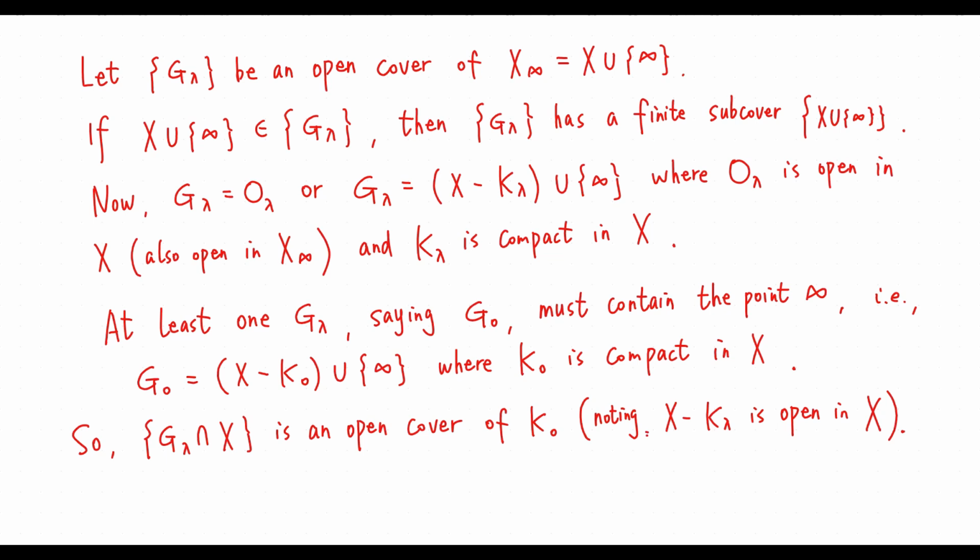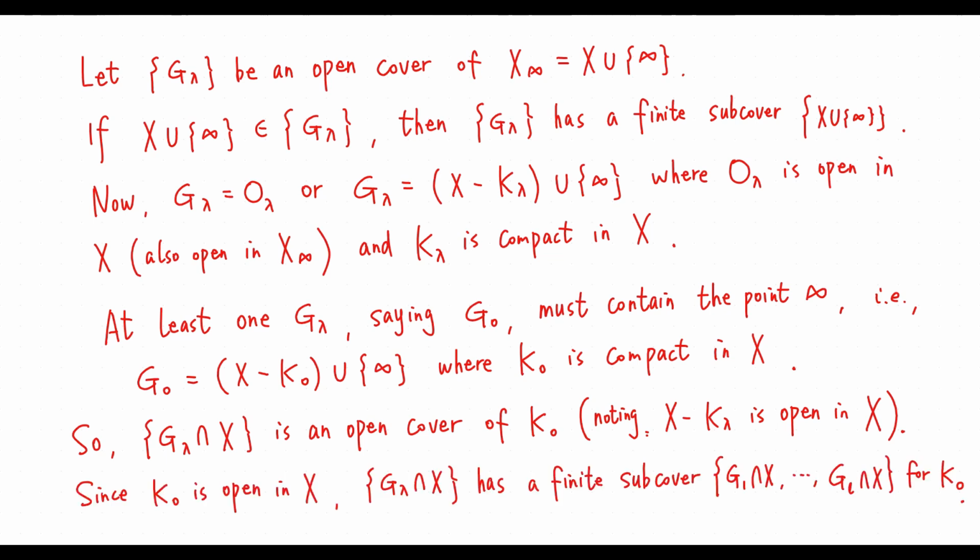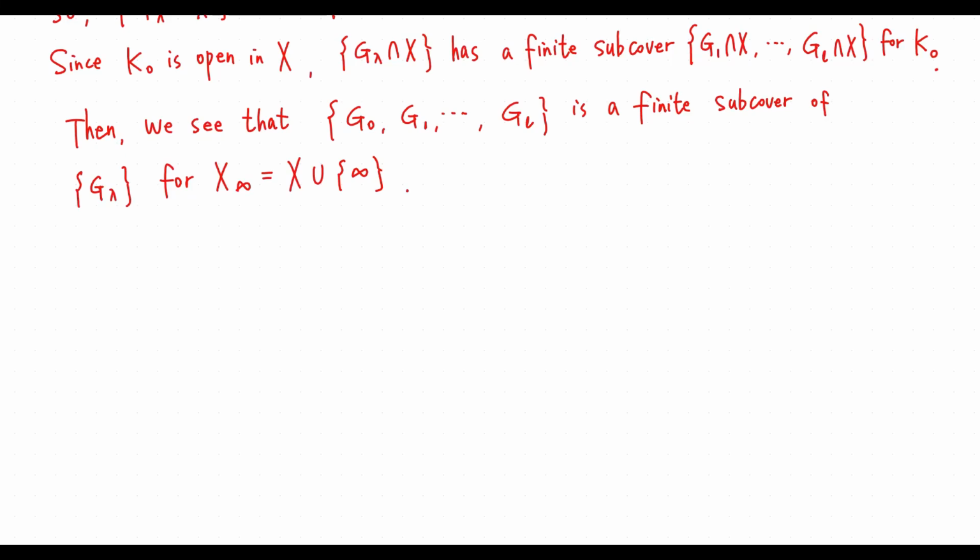Then we get an open cover, this one, of K0. Then we get a finite subcover. Then we get a finite subcover for the space X infinity. We thus conclude the space X infinity is compact.